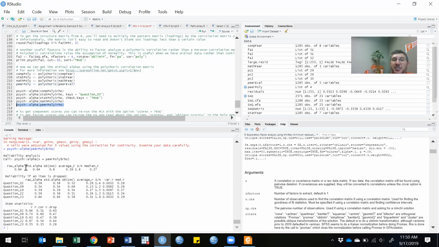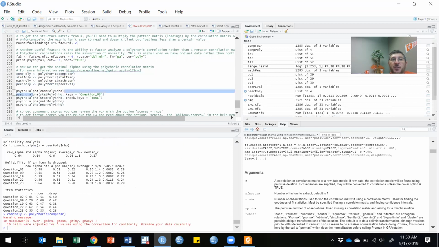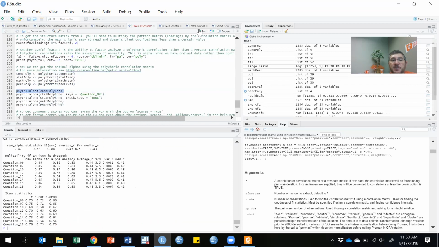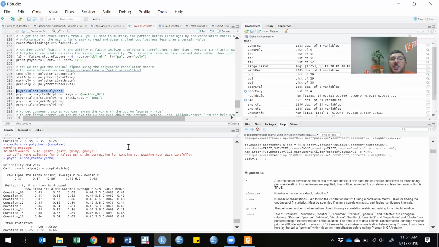You can see the alpha actually gets a little bit higher than what it was before. We can see it for the computer fear scale as well. We could rerun it, and you get all the same info. You just now take into account the ordinal nature of the variables.